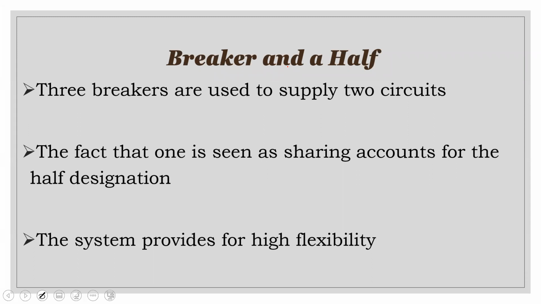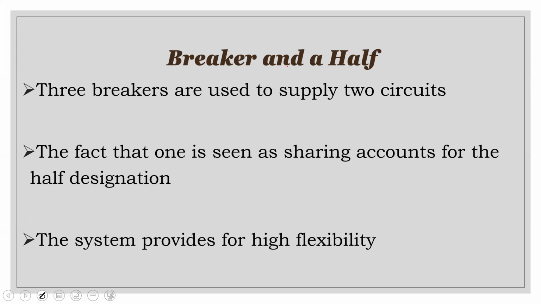That's how we need to look at it, and it is very flexible. Note that it is in the mid-range between double breaker, double bus, and single breaker, single bus. So it's in the middle there, between the two.